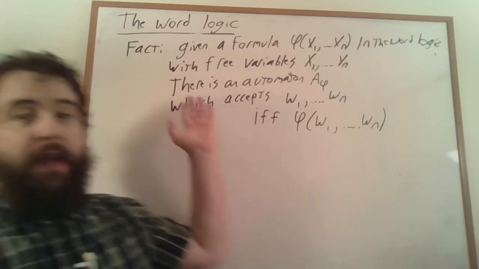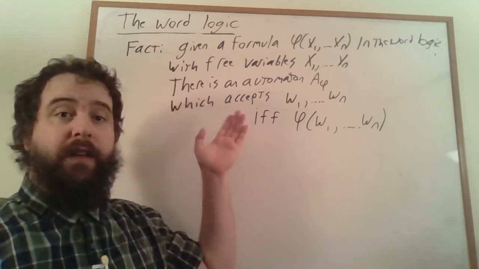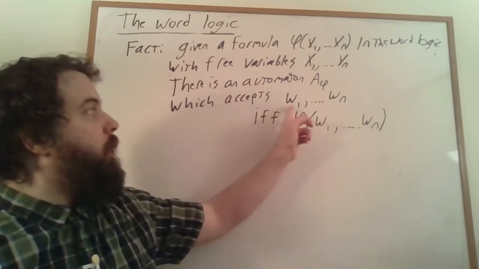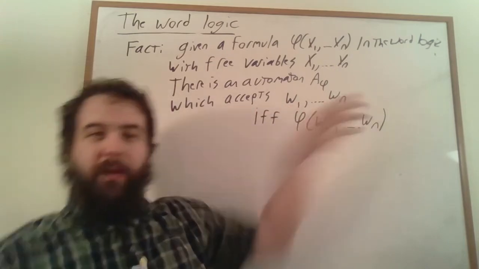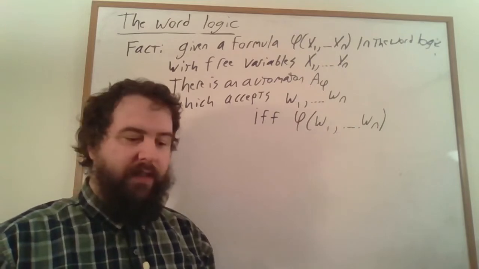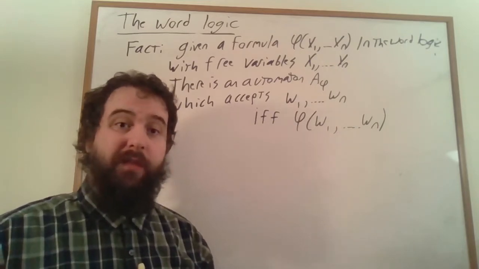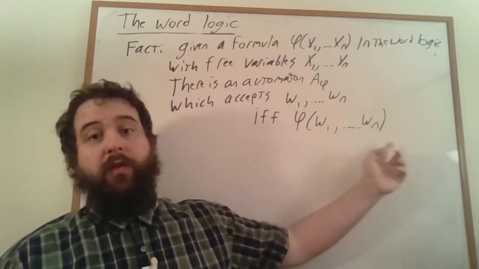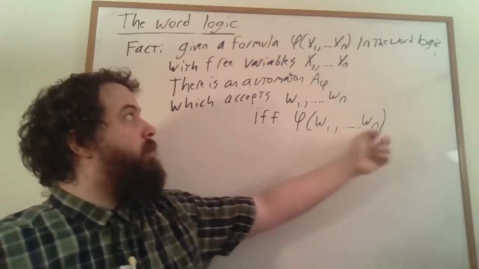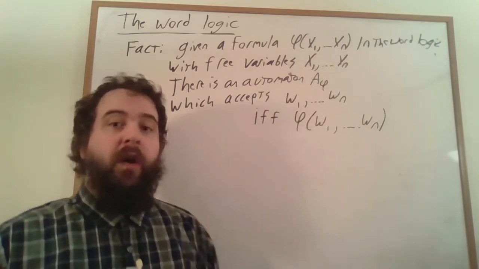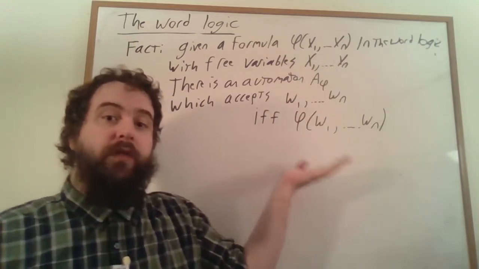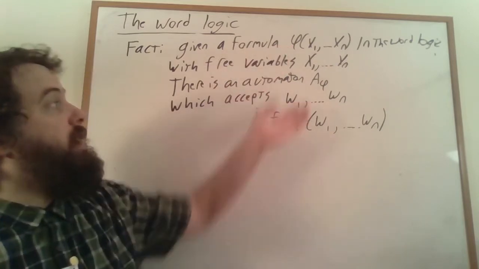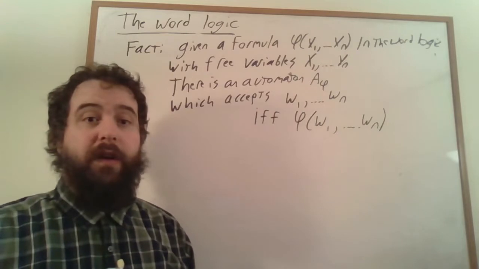There's going to be a corresponding deterministic finite state automaton, A sub phi, which accepts words w1 through wn, where we tuple them together in the sense of our regular relations and multiple inputs video, if and only if phi is true of those particular words. When we plug those words in for x1 through xn, does phi wind up being true of those particular words? In other words, given a formula, we can find a corresponding automaton for that formula.